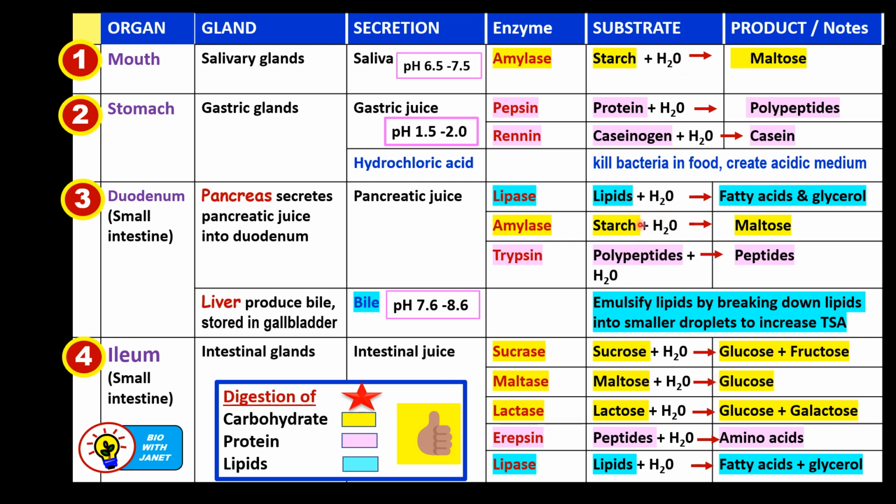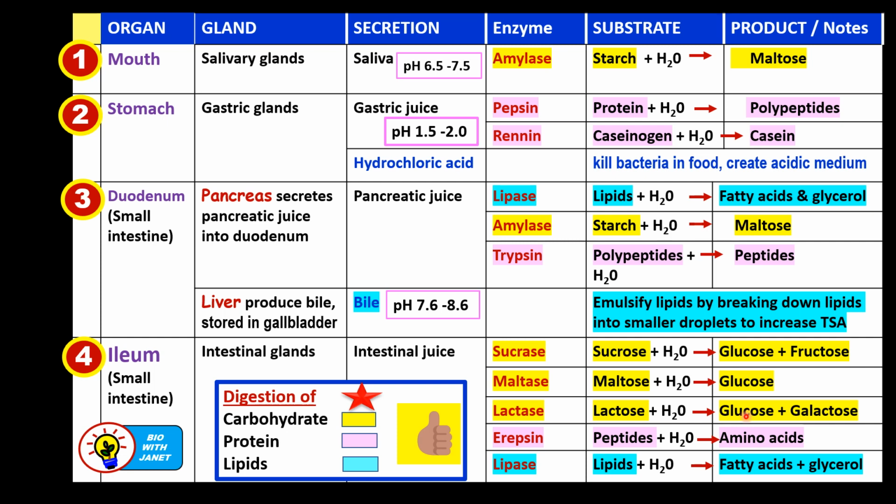For carbohydrates, digestion occurs in the mouth, where starch is digested to form maltose by amylase, and also in the duodenum, where there's digestion of starch into maltose by pancreatic amylase. And finally, in the ileum, there's digestion of the disaccharides to form the monosaccharides.